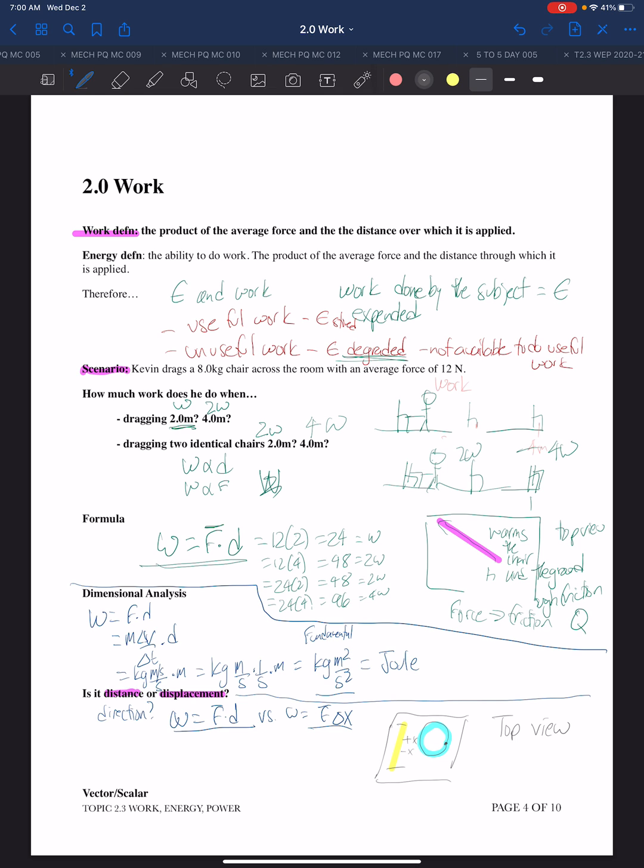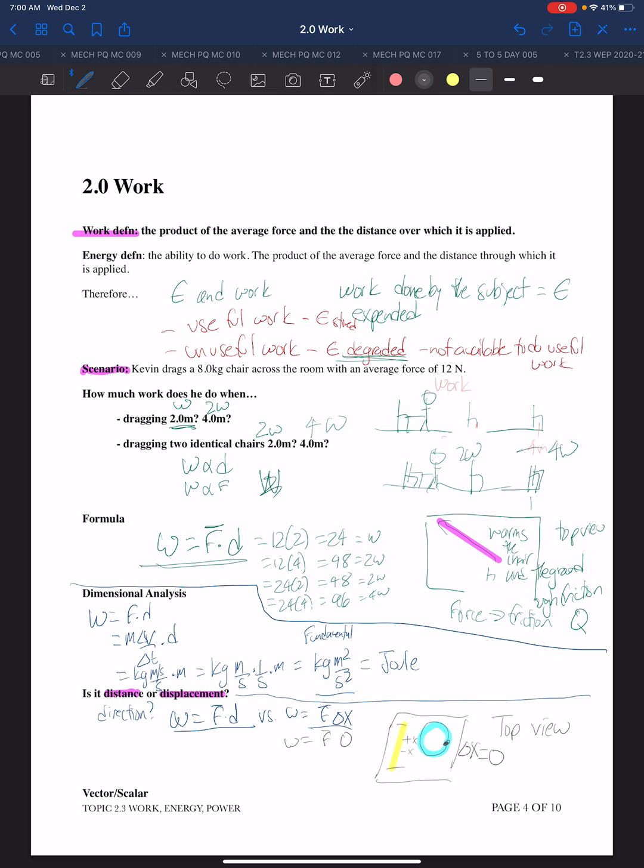Do we do any work? And the answer intuitively tells us that yes, we've done some work in this case. We applied a force over a distance dragging that chair. So clearly that formula with distance works. Now if we look at the displacement, the delta x is 0. So in this case, if we were to say that the work we did was 0, that would not be true.